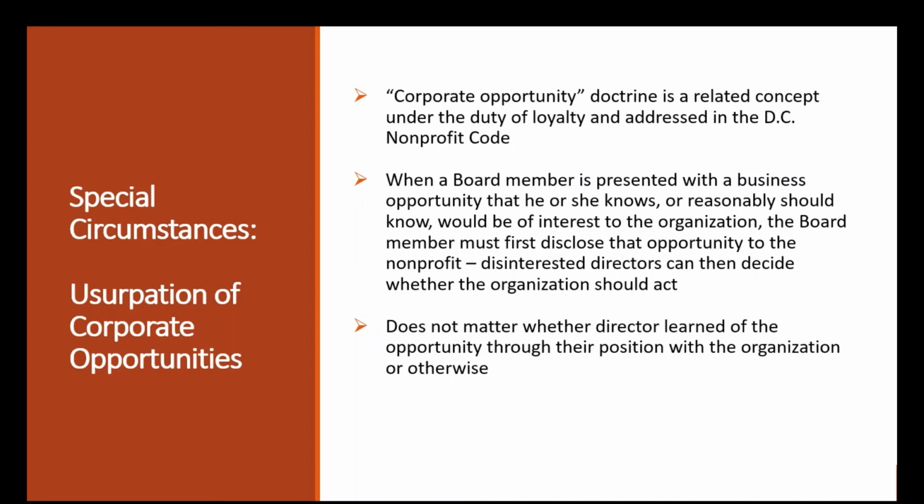It doesn't matter whether I learn about that opportunity through my position with the organization or just in my day-to-day non-board life. And again, if the organization declines the opportunity, then I can take advantage of it. So an interesting little doctrine to be aware of.